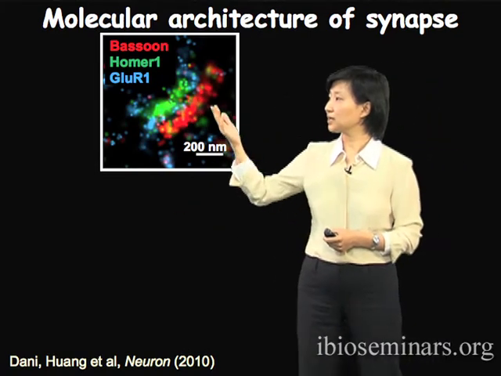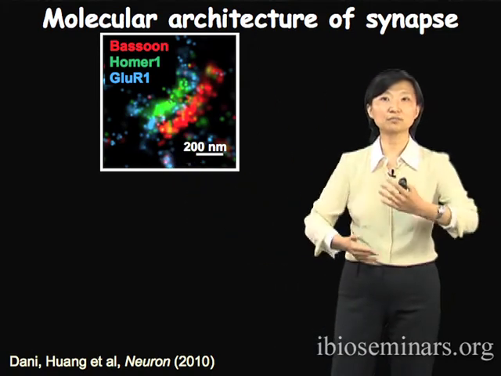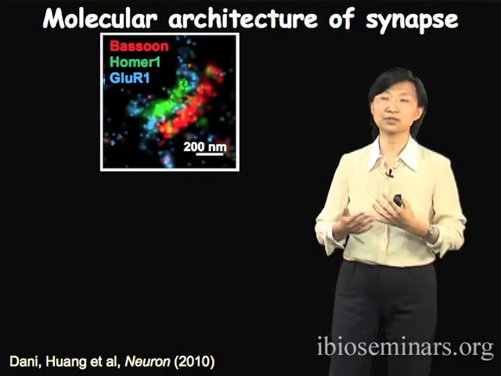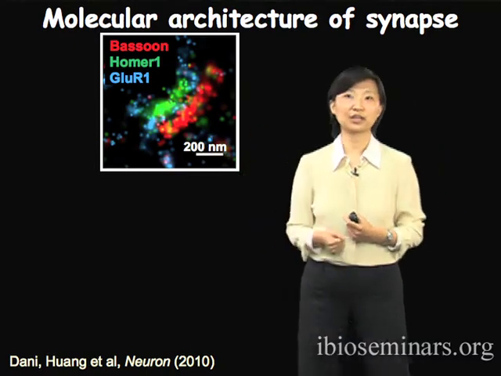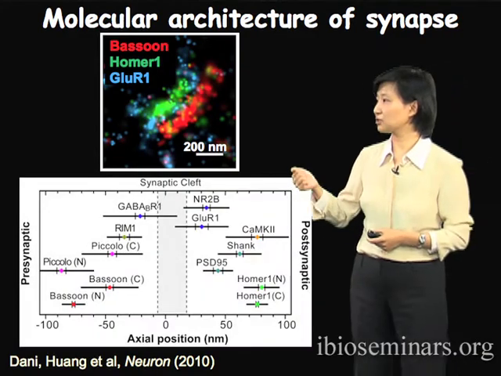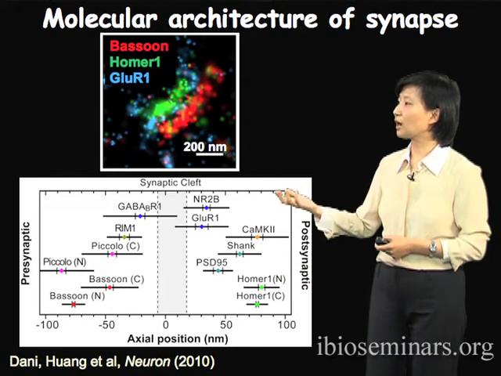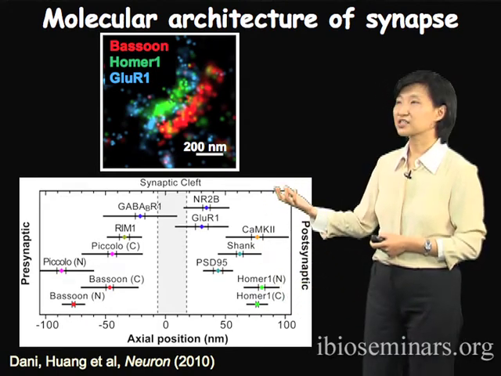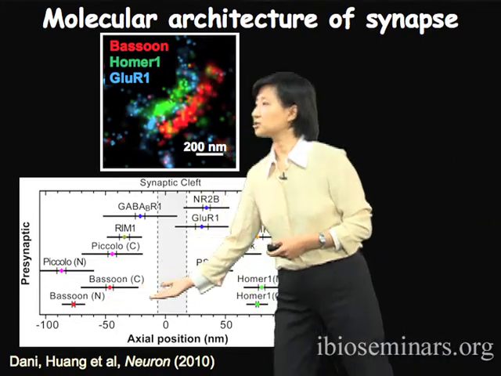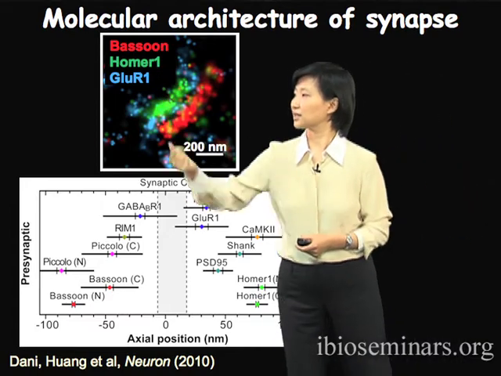If we keep changing this third marker, we can determine the position of many different synaptic proteins in this framework set up by Bassoon and Homer. Using this approach, we determined the position of 10 or so synaptic proteins along the transsynaptic axis, in this direction.